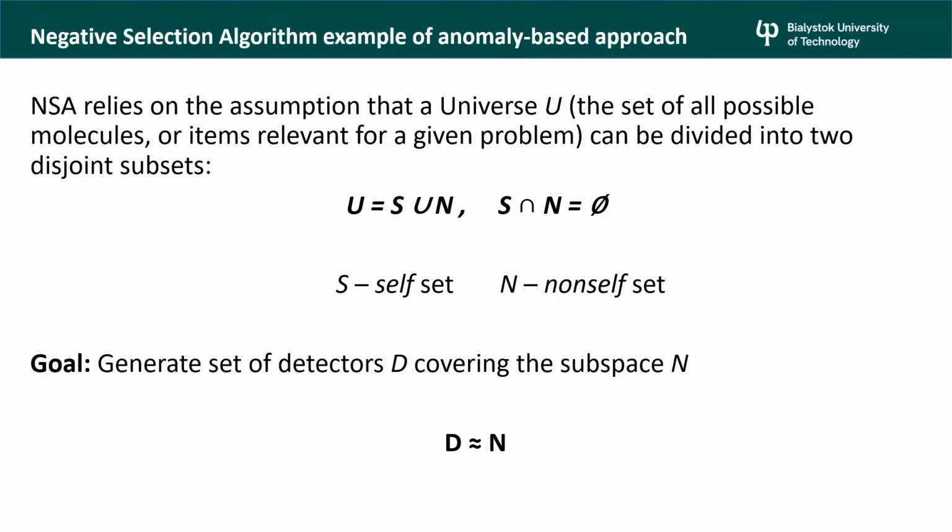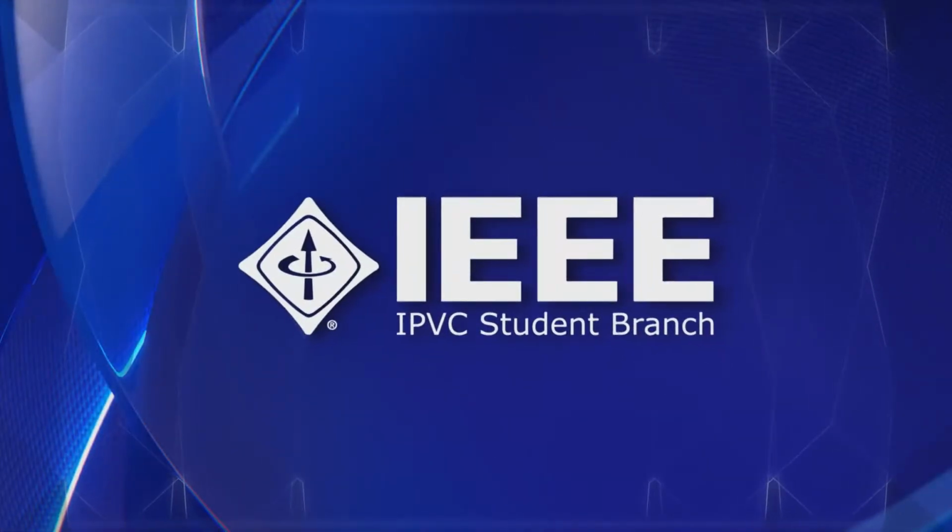Let's focus on the negative selection algorithm. In this algorithm, we have a universe, the set of possible connections, for example, network connections.